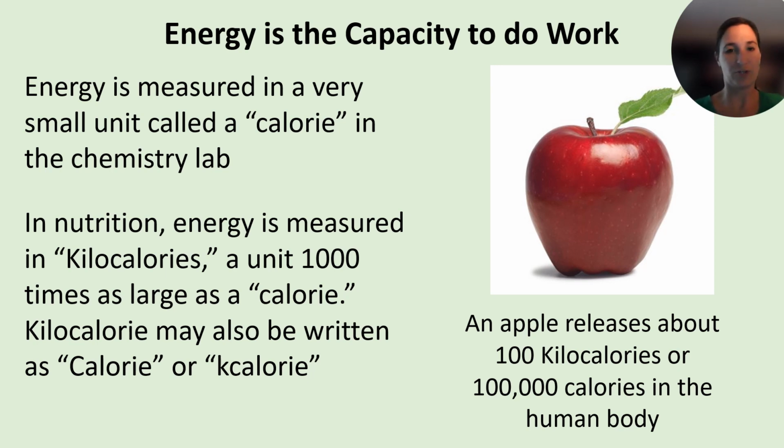But on the nutrition label, you'll see that calories should have a capital C because it's really 300 kilocalories. Now let's take an apple as an example. So we're talking about calories in food. It's not like these calories are actually floating around in the food. What it means is that that food releases that amount of kilocalories of energy in our body. So for example, an apple releases about 100 kilocalories or 100,000 calories with a small c in the human body.